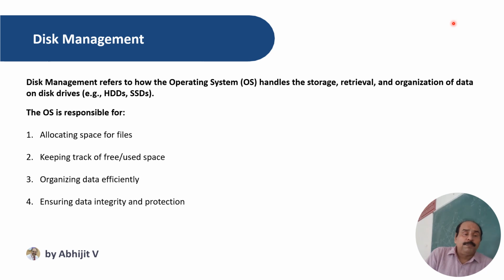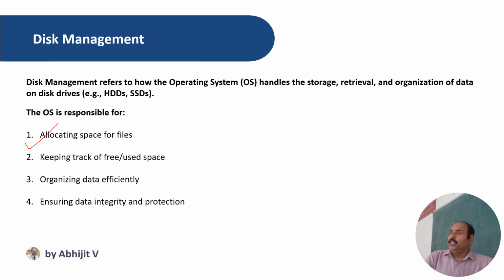So what is the job that the OS does? First, it finds out how much free space is available. When you insert a disk or a pen drive in your system, it will see what space is available, whether we can store so many files or not, and so on. It shows free and used space, and it can format also.